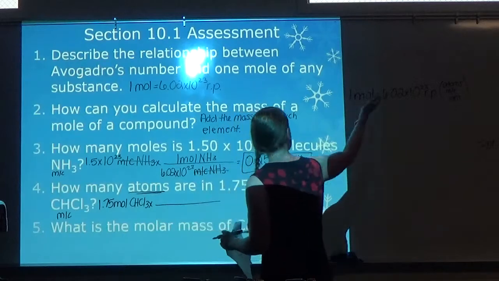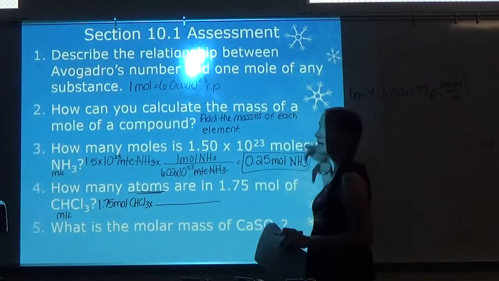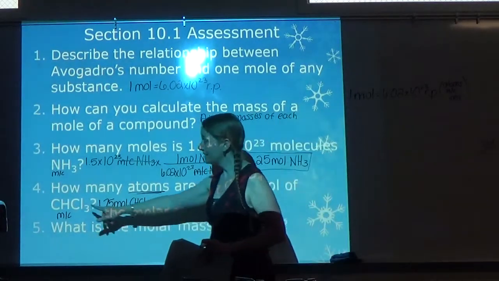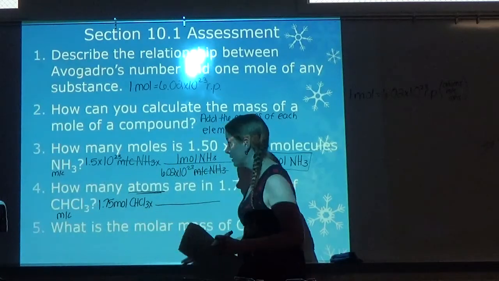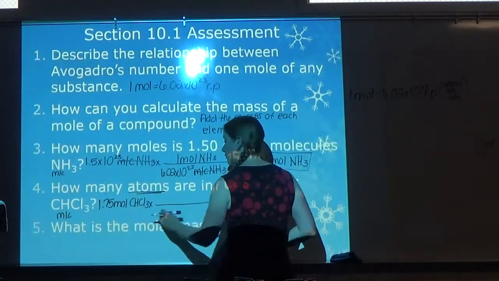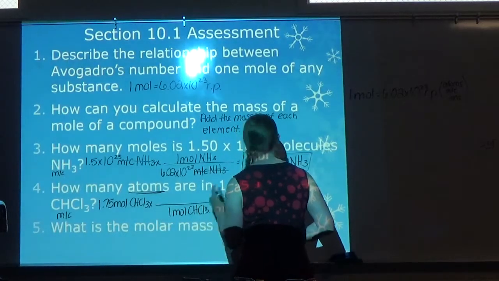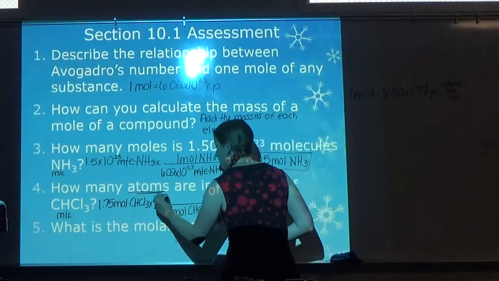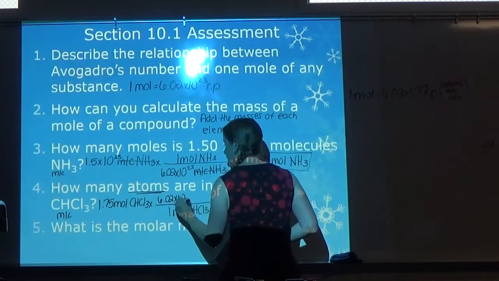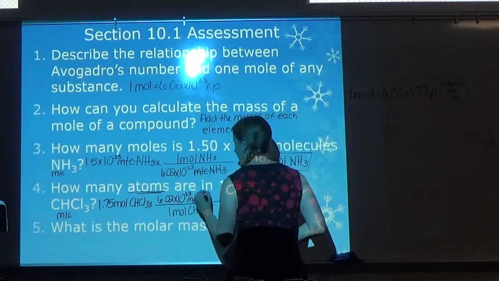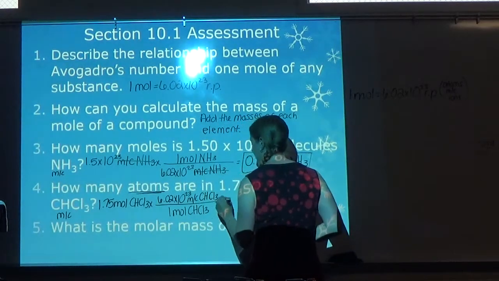So my first step is to use my conversion factor, and I'm going to get to molecules because CHCl3 is actually a molecule. So I follow my golden rule, and I'm going to put the mole on bottom. So 1 mole of CHCl3 is, of course, 6.02 times 10 to the 23 molecules of CHCl3.